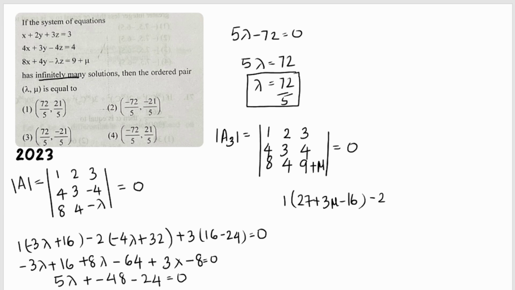Then I have minus 2, 4 9s are 36, then you have plus 4 nu minus 8 4s are 32. Plus 3 into 8 4s are 16 minus 8 3s are 24, minus 24, equals 0.